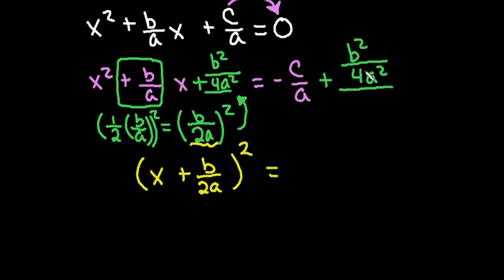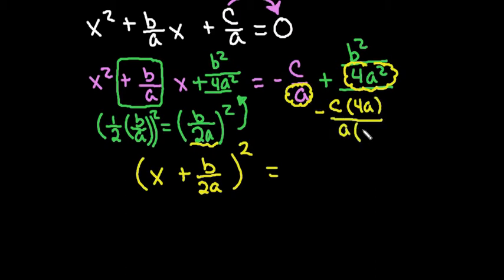Equals, and over here, in order to add these together, I must have a common denominator. So my denominator is 4a squared. What I have to do with the first part right here is get this a to be 4a squared. So to be able to add these together, I have to multiply this by 4a, and I also have to multiply the a on the bottom by 4a.